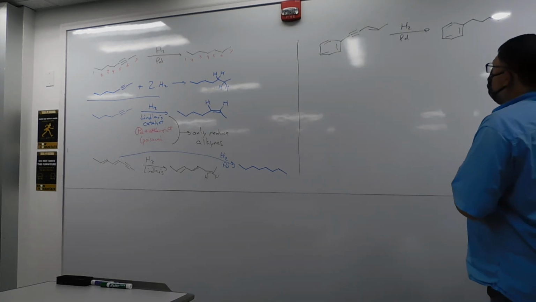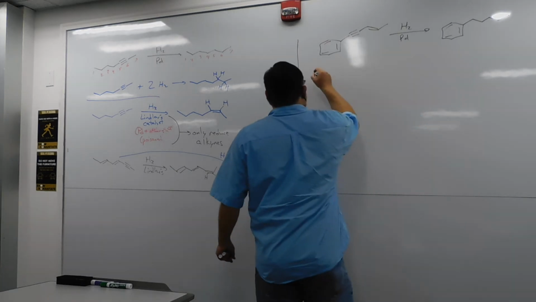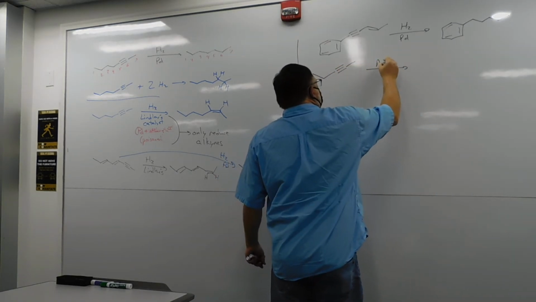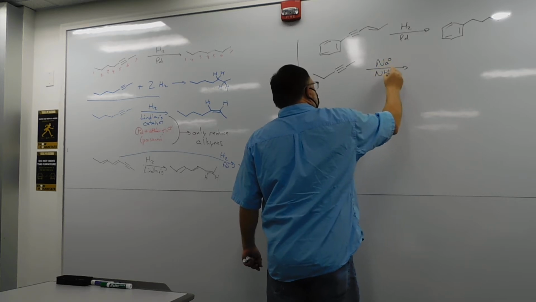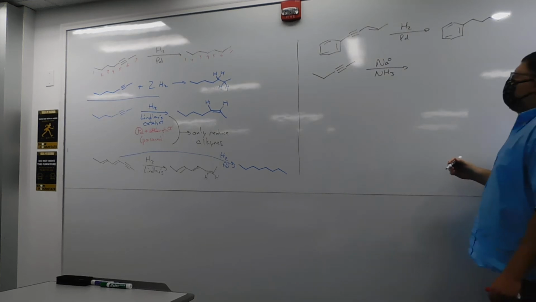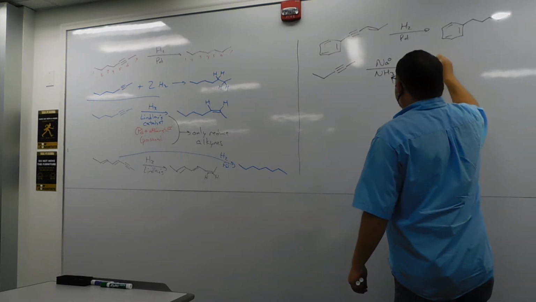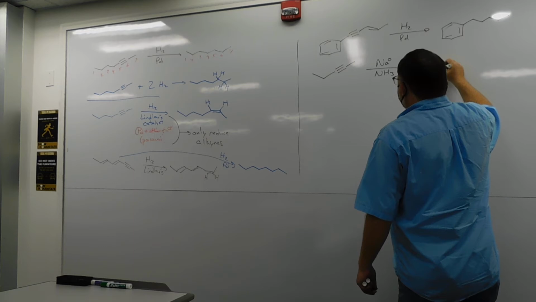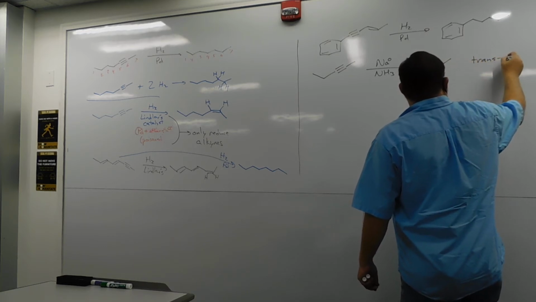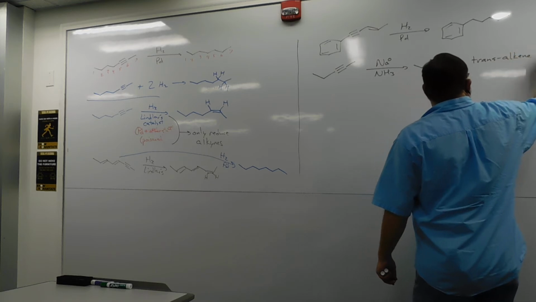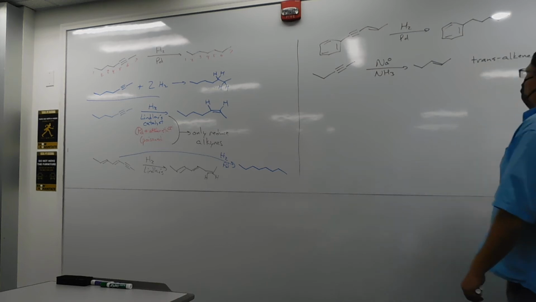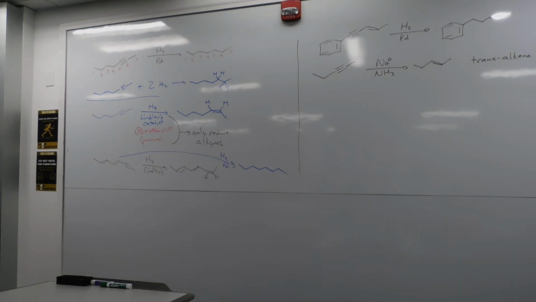There is this other, let's go back to our more simple, and I'm not going to, you don't have to know the mechanism of this one either. So if you treat an alkyne with sodium metal and ammonia, you get a reduction to the trans alkene. Right, so like I said, this goes through radicals.